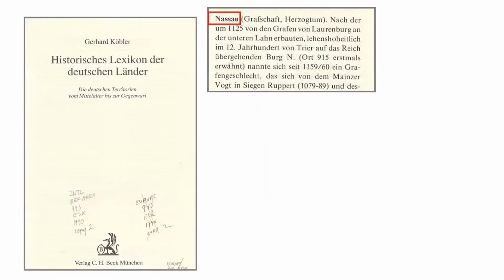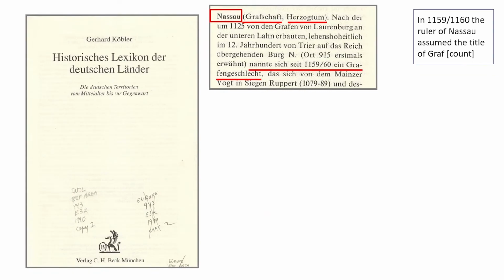Using the nobility area of Nassau as an example, right after its name, it begins by listing the different types of nobility and government areas that it became, namely a Grafschaft or county and a Herzogtum, a duchy. After this, it shows historically that it became a Grafschaft when the ruler assumed the title of Graf or Count between 1159 and 1160.